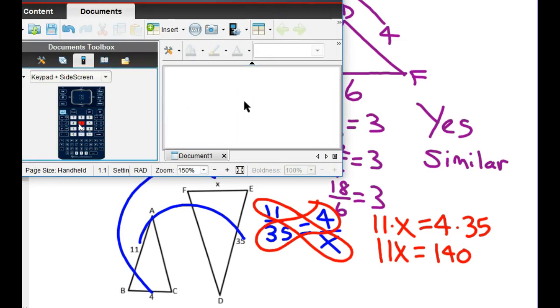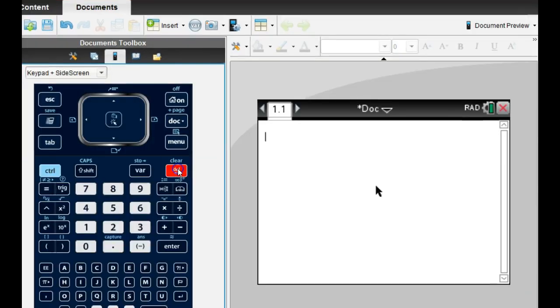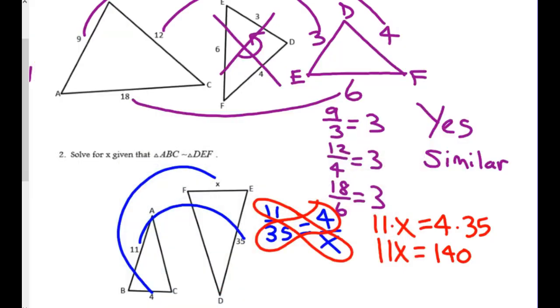Let's make this bigger. Okay, Control Enter. 12.73. Okay. So even if you get a decimal, that's fine.